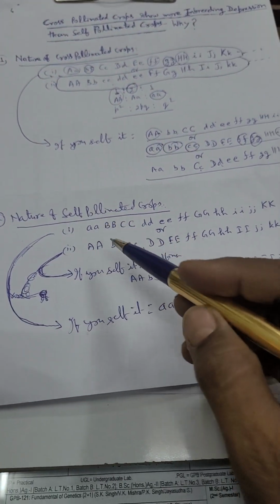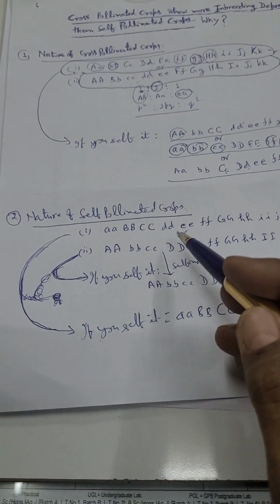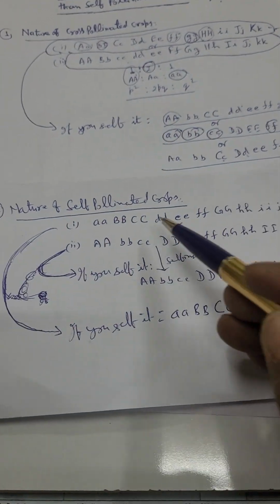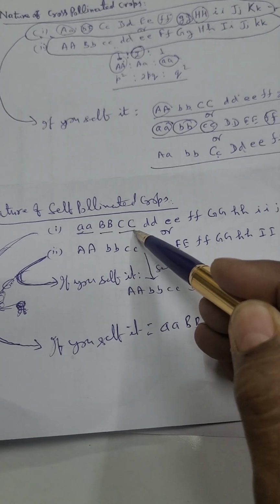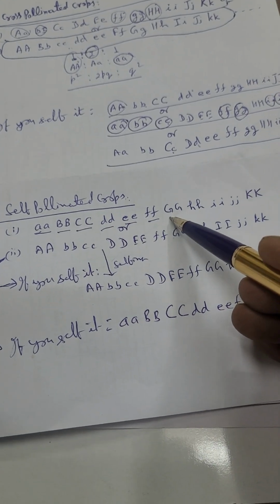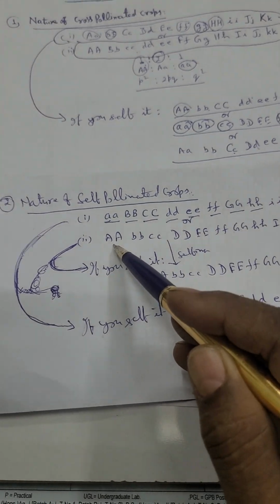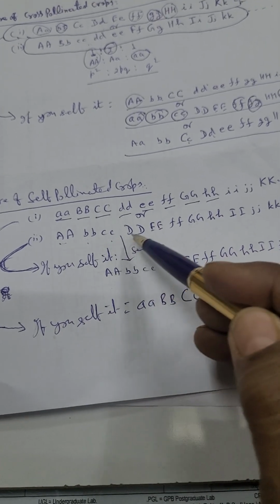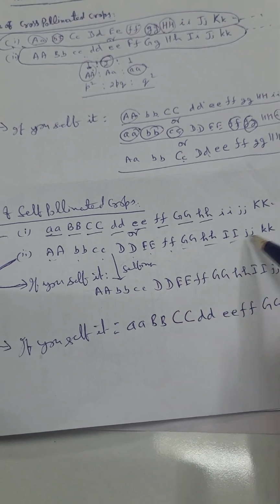Now you come to the self-pollinated crops. The genetic architecture of self-pollinated crops is homozygous. In almost all the loci you find homozygosity: small a, capital B, capital C, small d, small e, small f, capital G, small s, like that. In another variety, capital A, small b, small c, capital D, capital E, small f, like that.